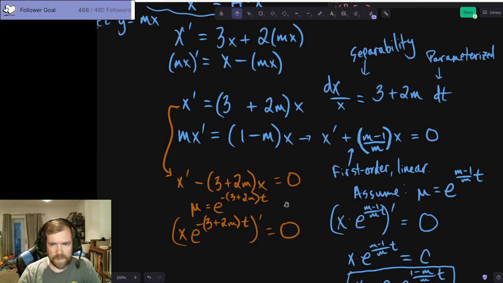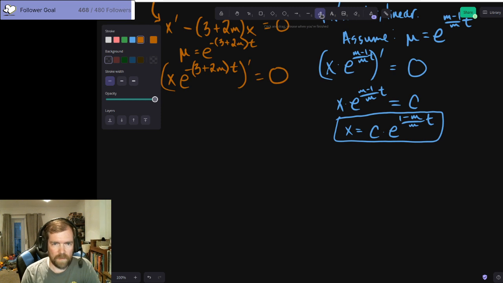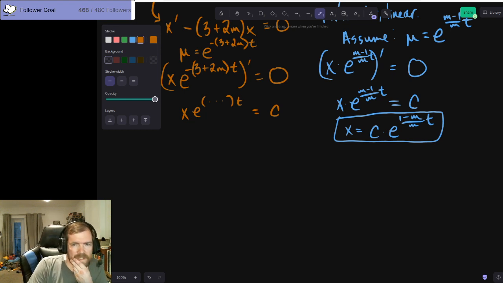Integrate both sides, gets rid of that stuff. And in this particular case, is this c going to be the same as the other c? At this point, I don't see any reason why that's true, although we might be able to argue that by plugging in some initial values.